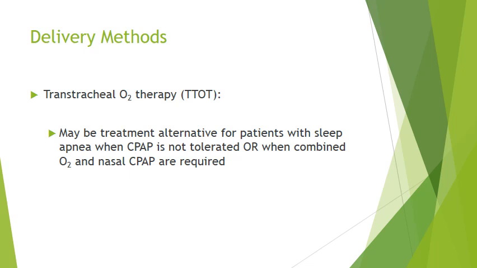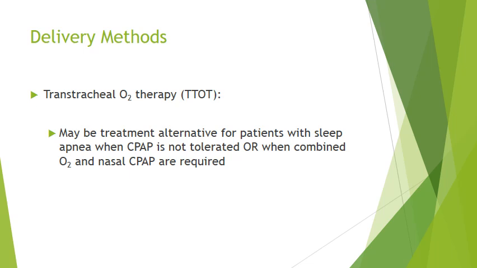Another reason to use the transtracheal O2 therapy, you may be someone who's had trouble with sleep apnea. So this may be a treatment alternative for patients with sleep apnea when CPAP is not tolerated. Some patients don't tolerate having that mask on their face. They're claustrophobic, or maybe they just feel like they can't have something on their face when they sleep.